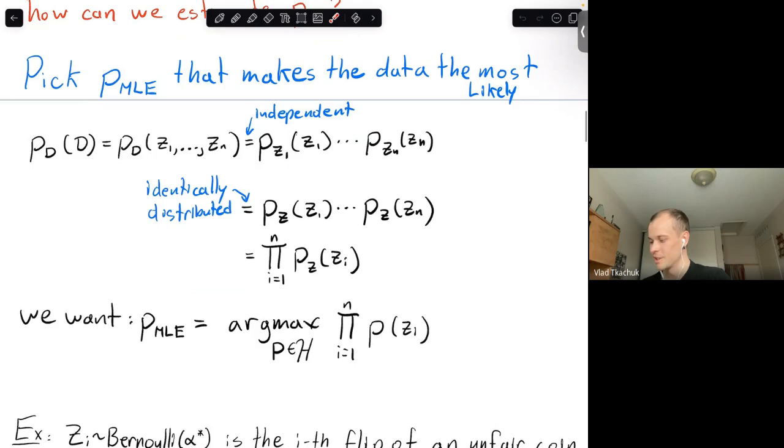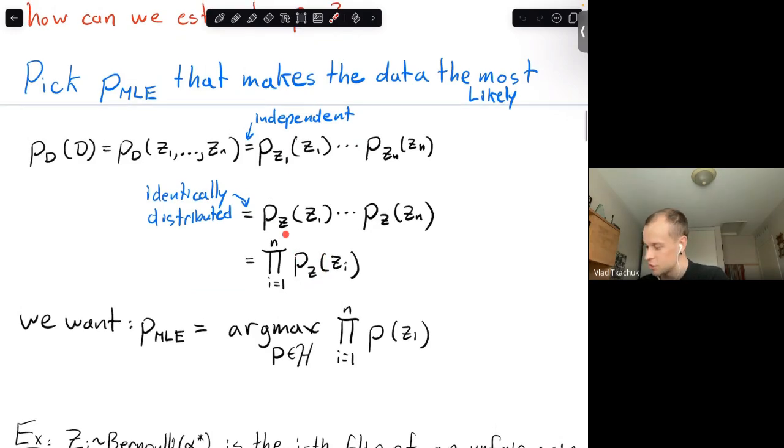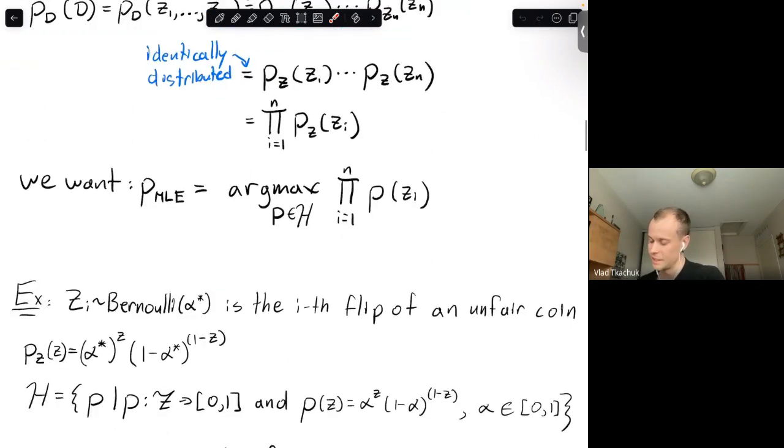So in particular, we're going to pick our estimate of P of Z to be this thing called P MLE, the P that makes this thing, which describes the likelihood of the data we saw occurring, the largest. I'll show a little plot explaining this in a second.